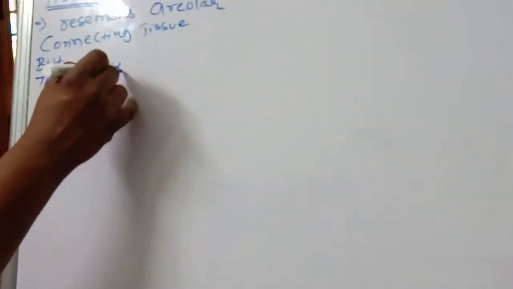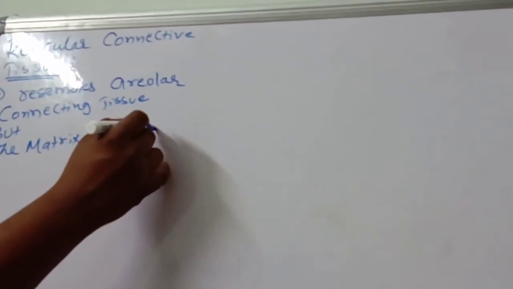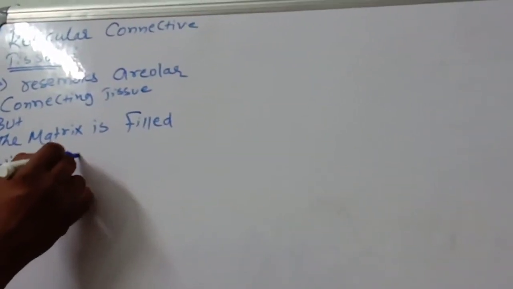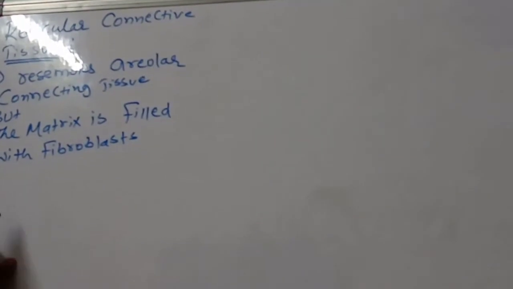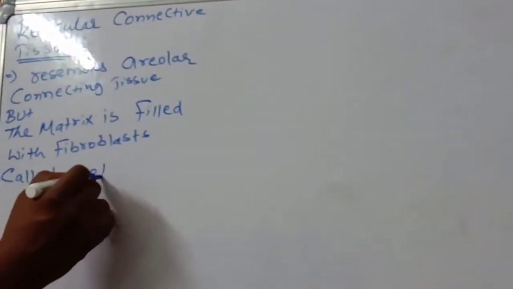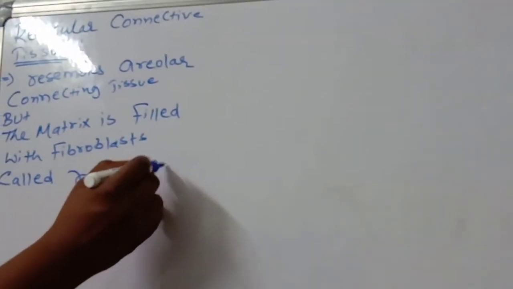the matrix is filled with fibroblasts, called reticular cells. This is also an important point.